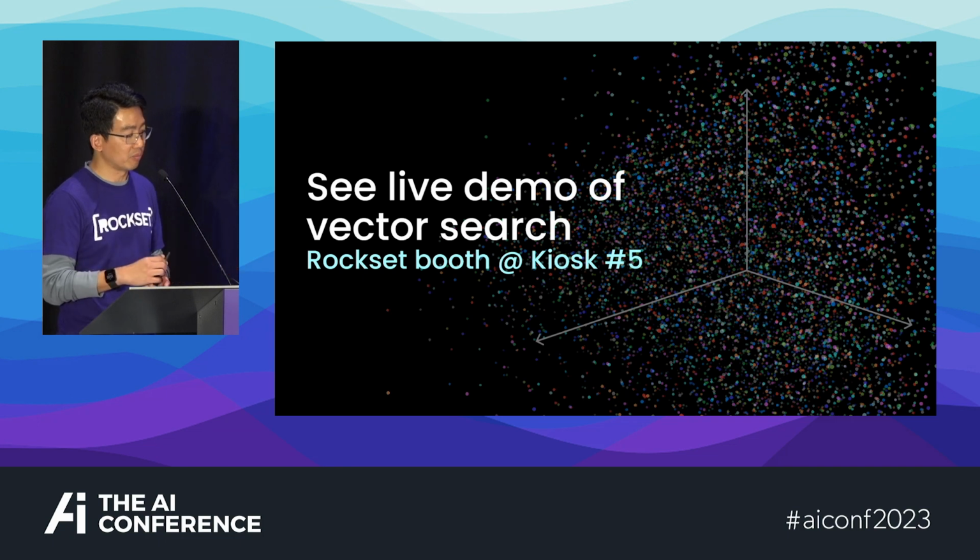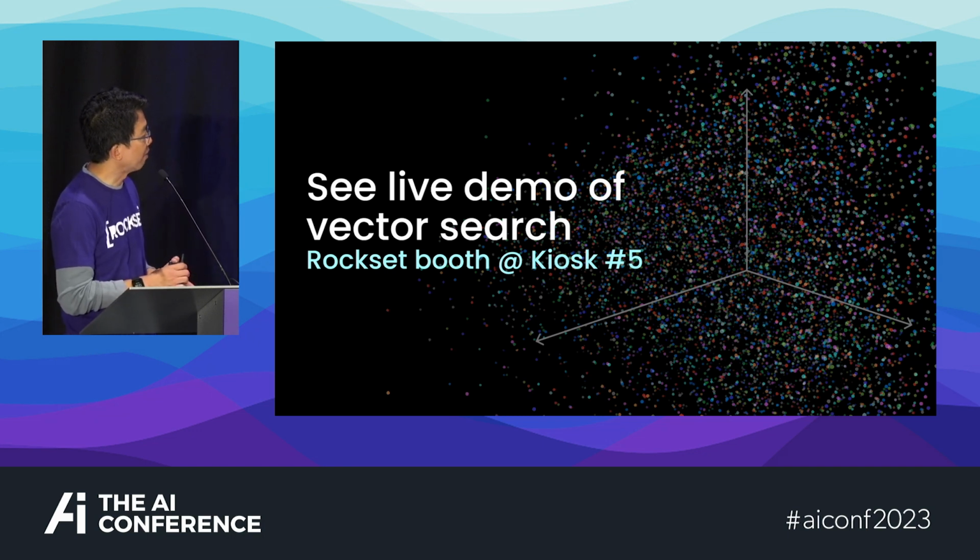That's certainly one thing that a lot of our users require of us. And then secondly, the ability to do real-time updates is something that has been differentiated and something that our users have come to expect from Rockset.